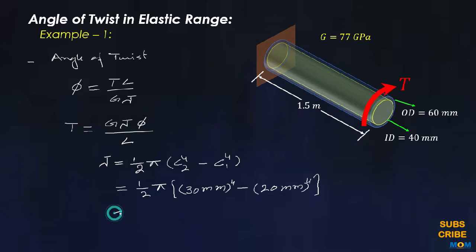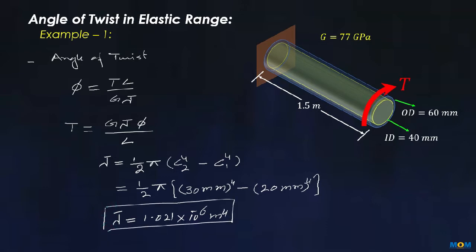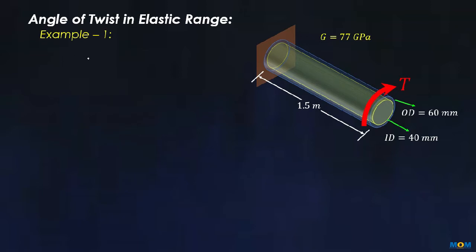After solving this, we have the value of polar moment of inertia, that is 1.021 into 10 raised power minus 6 meter 4. Further, the value of angle of twist is in degrees, that is 2 degree.